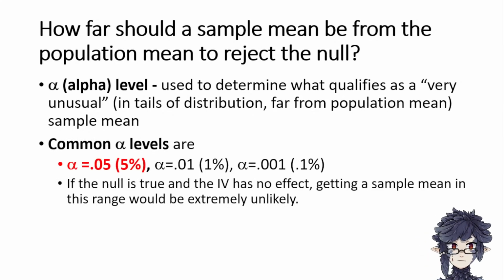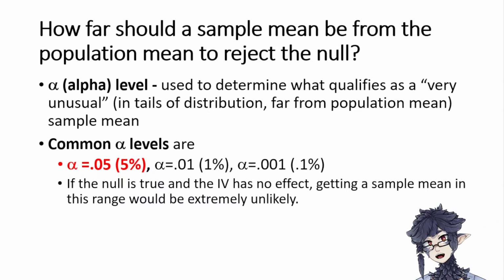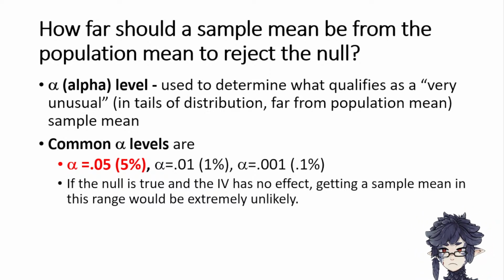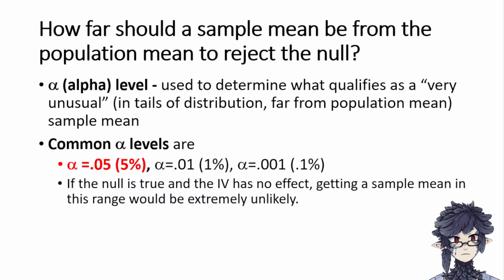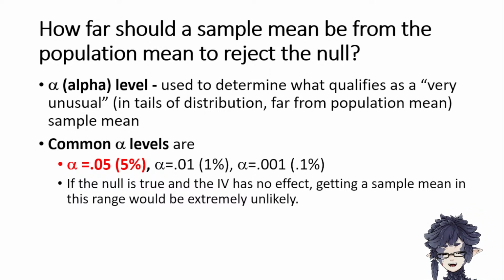The most common alpha levels that we tend to see, at least in psychology and other disciplines that use frequentist statistics, are alpha of 0.05, or about 5%. Alpha of 0.01 is actually not super common. I don't see that one too often, which is about 1%. And then alpha of 0.001, which is 0.1%, which I'd say is the second most common to 0.05.